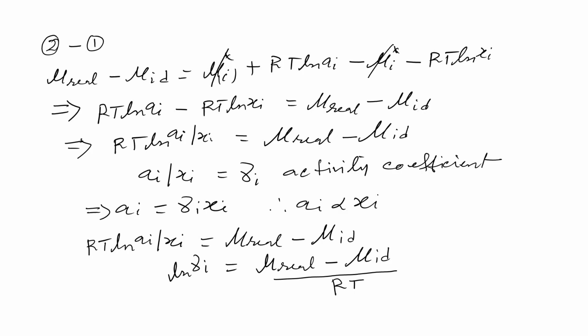So mu real minus mu ideal means this is the deviation from ideal behavior. So this activity coefficient gamma i is the measure of deviation from ideality.